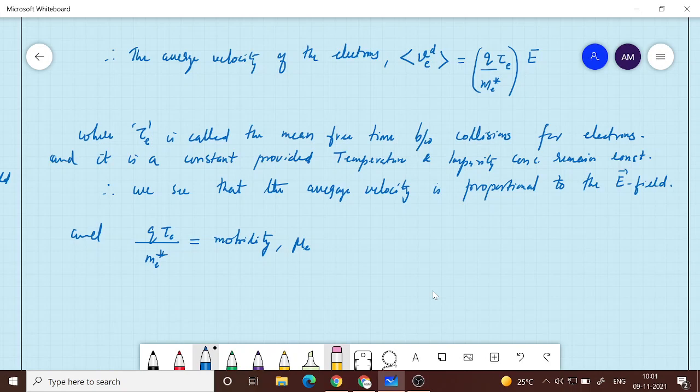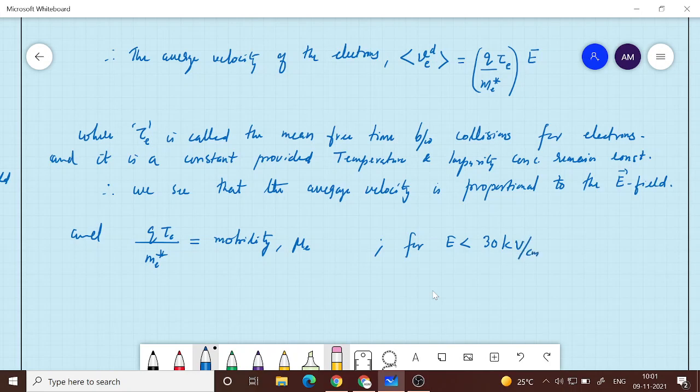But right now we are considering low fields. That means the applied electric field is relatively less. Low field means, let me say, E less than say 30 kilovolts per centimeter.